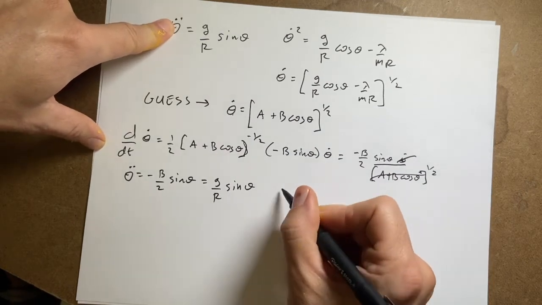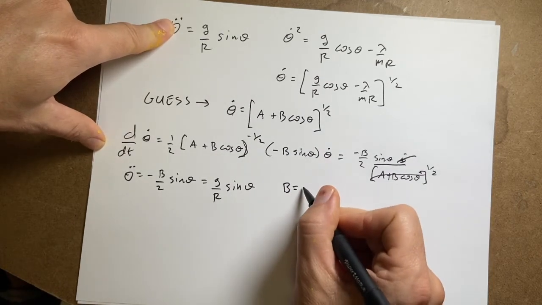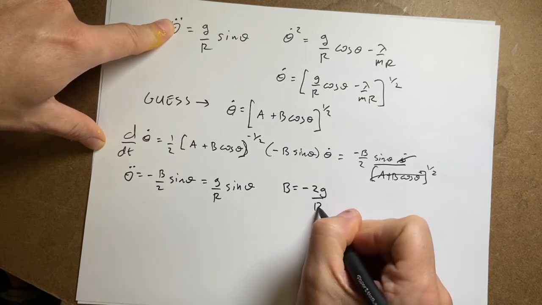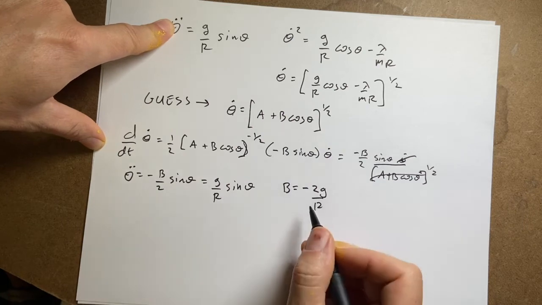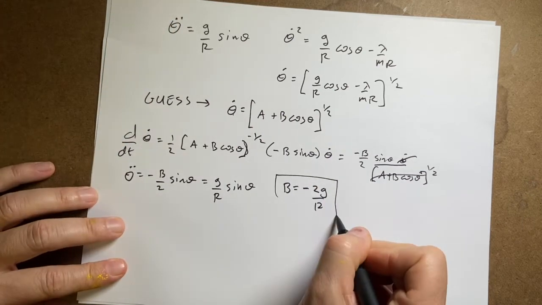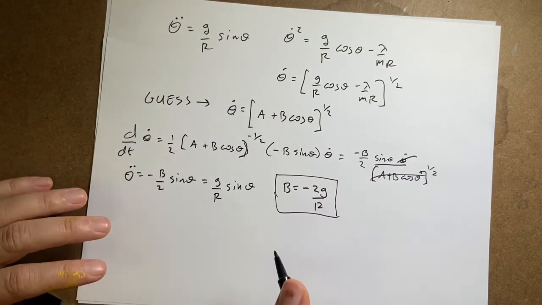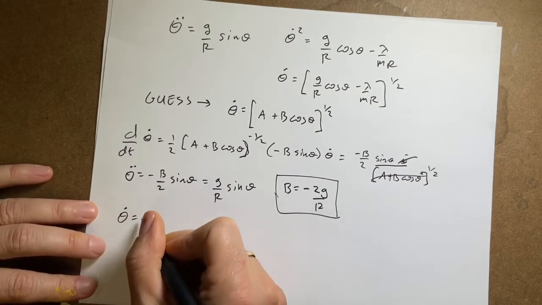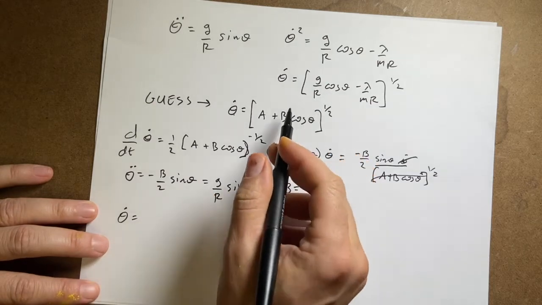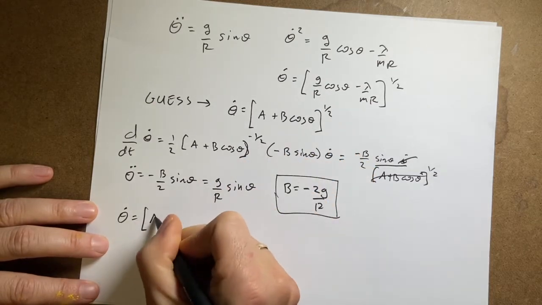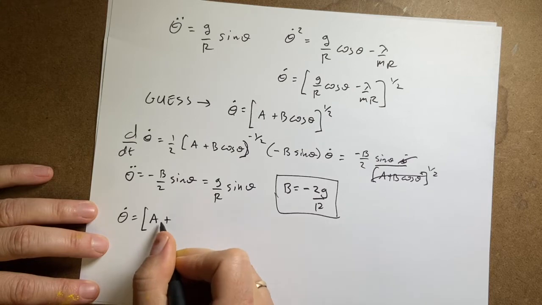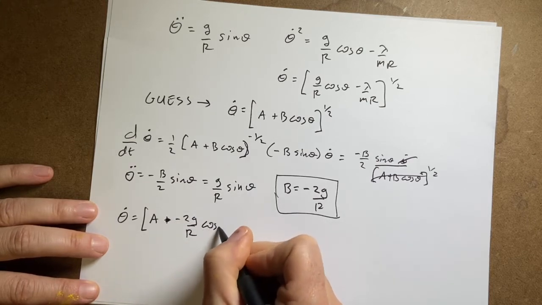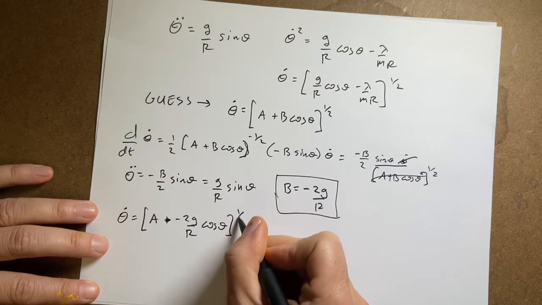So that means that b is equal to negative 2g over r, if I just solve this for b. Now I have theta dot is equal to a plus b, which is actually minus 2g over r cosine theta, to the 1/2.